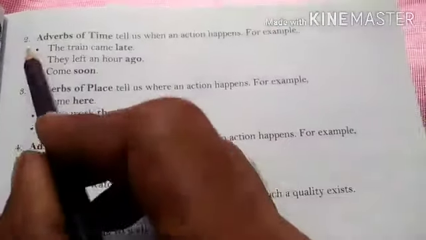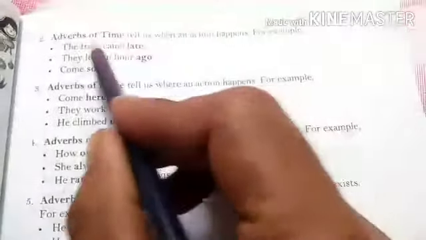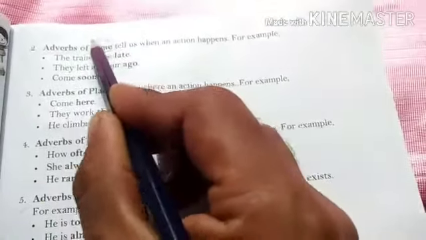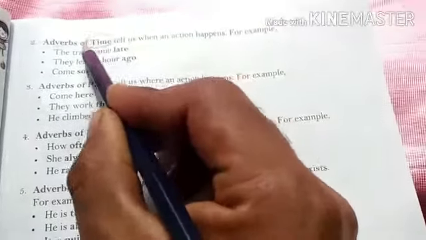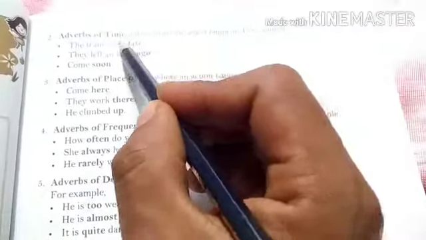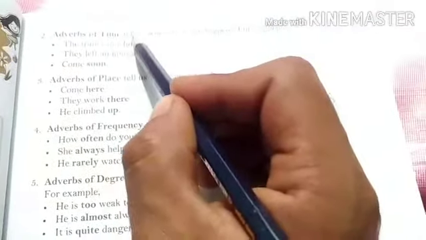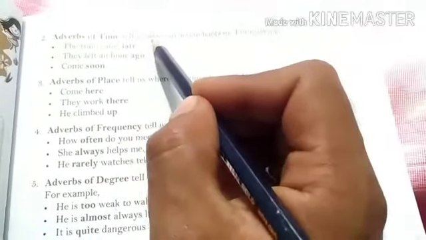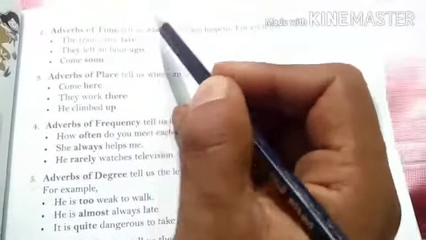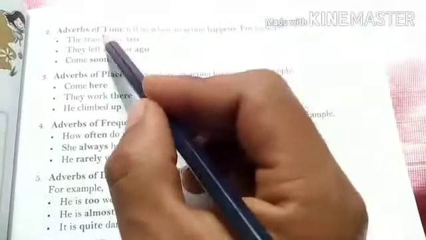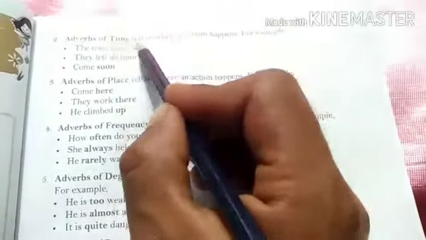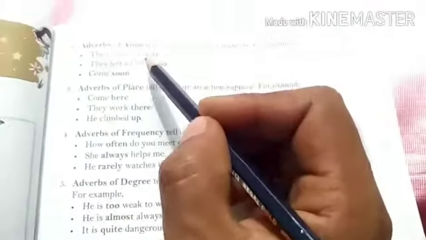Now number 2 is adverbs of time. Adverbs of time tell us about the time of action, when the particular action took place or takes place. Like today, tomorrow, a day after tomorrow, next day, yesterday, a day before yesterday, next month, soon, sooner.